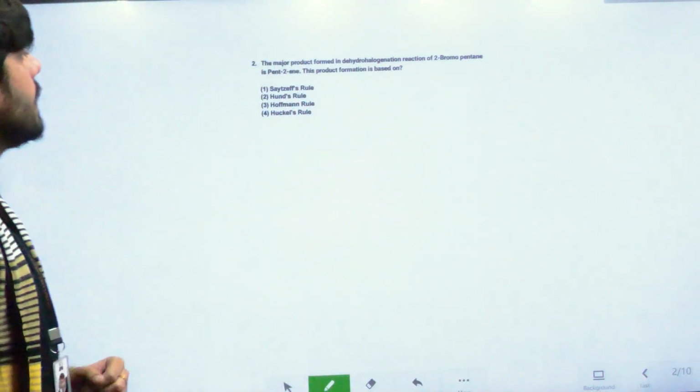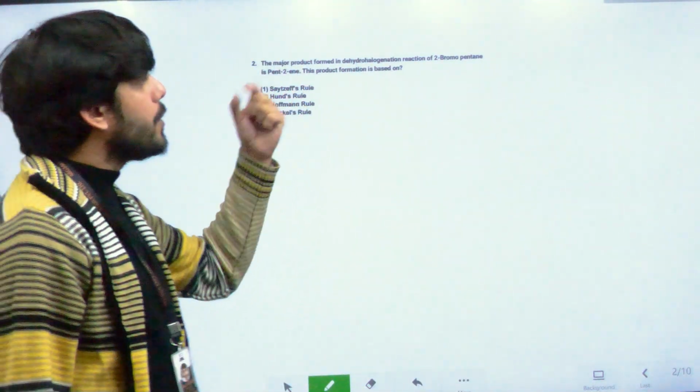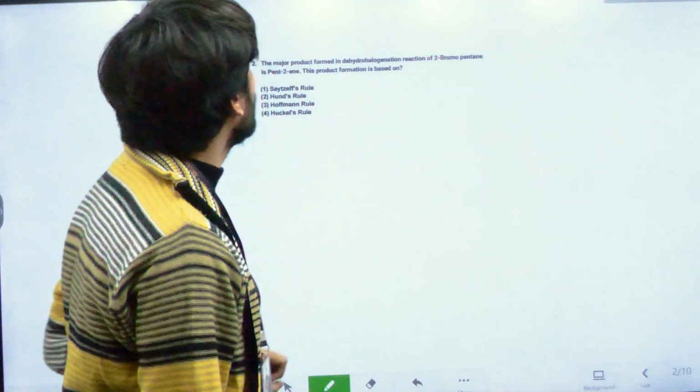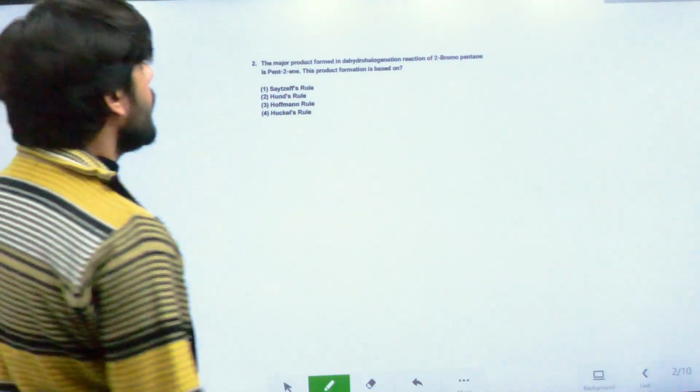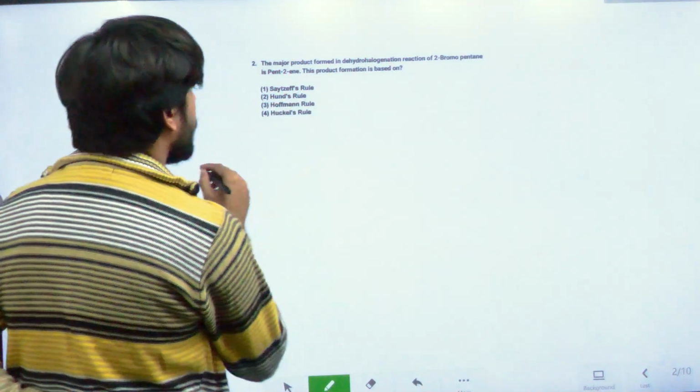The next question is, the major product formed in the dehydrohalogenation reaction of 2-bromopentane is pent-2-ene. So we are given the reactant as well as the product.